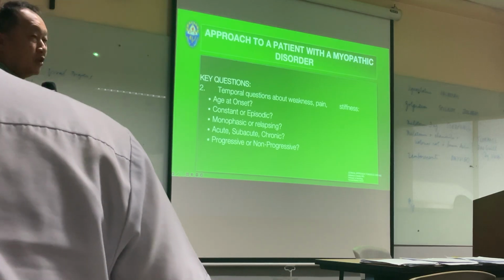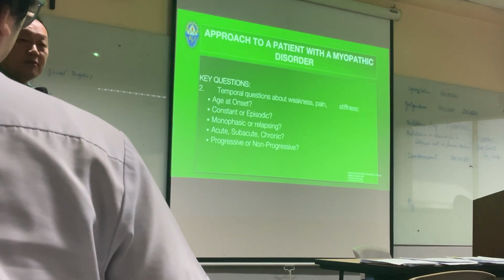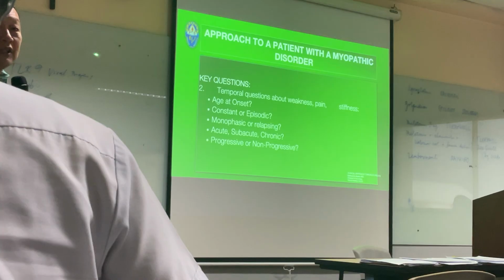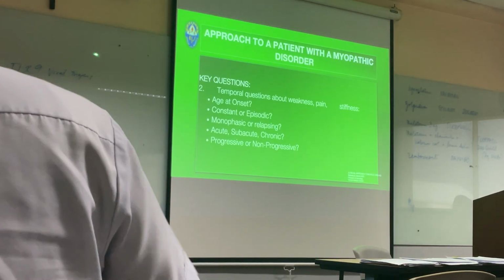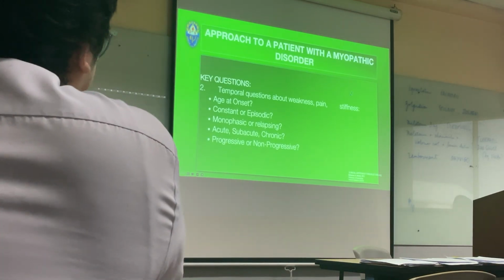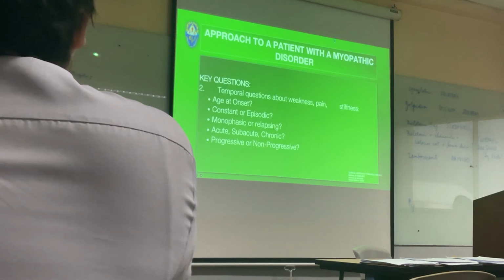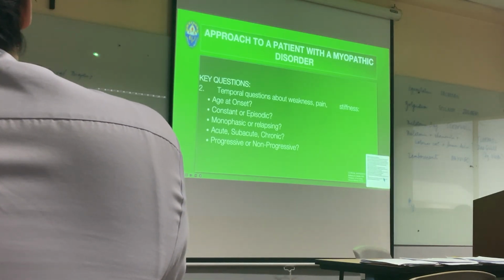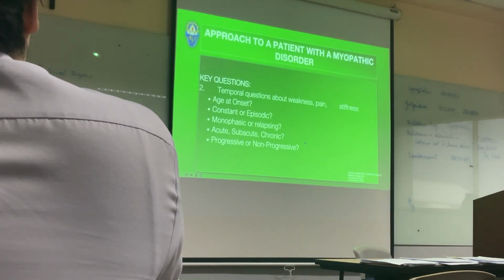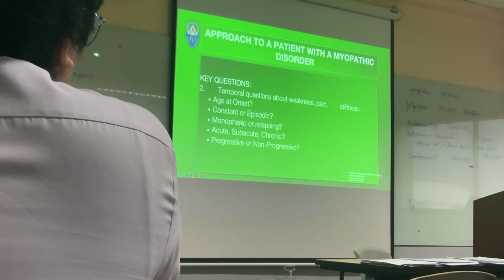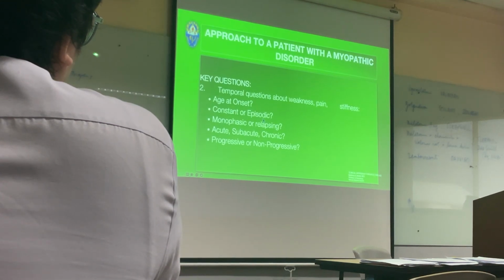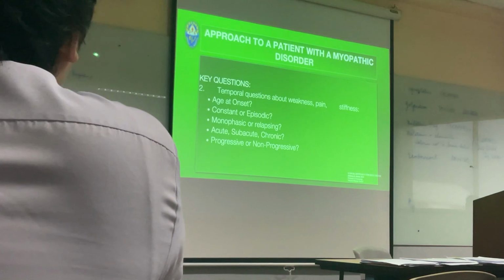So, you ask about positive symptoms or negative symptoms. Next is onset and temporal profile. When did it start? How did it start? Is it continuous or progressive, or is it episodic?